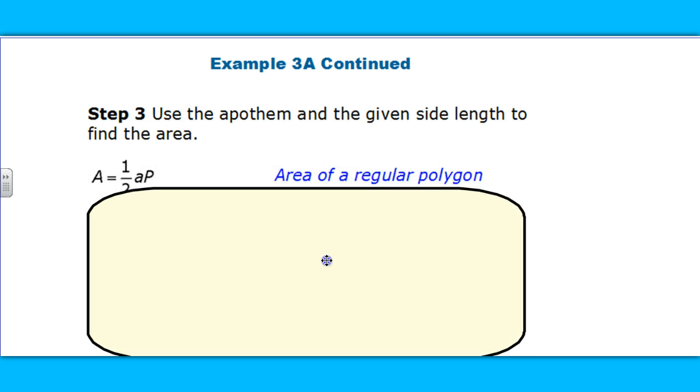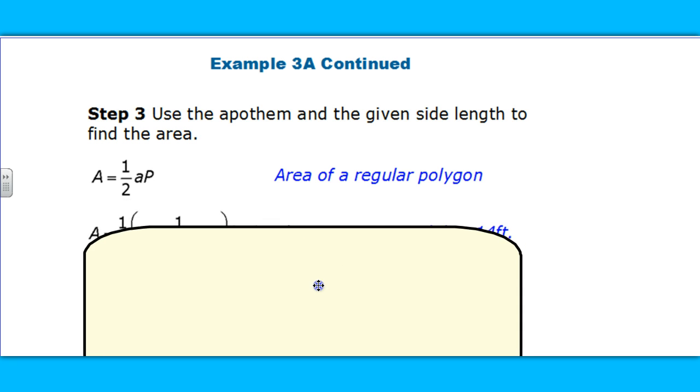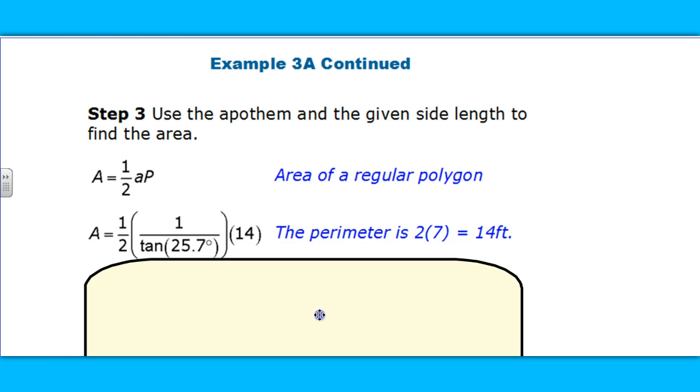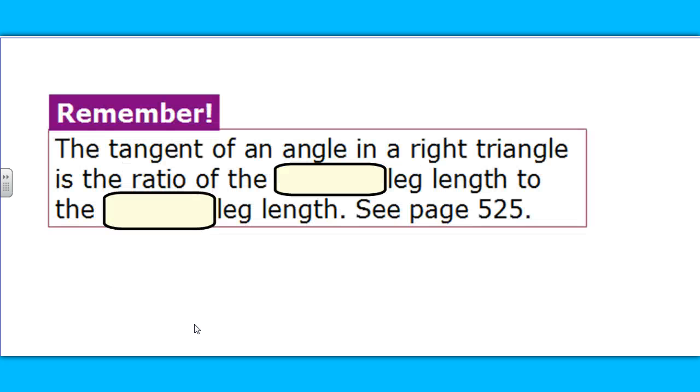And when we do, we can substitute the apothem and the perimeter into our area formula, right? And there we go. We have the apothem, and we know that there are 7 sides to this type of polygon, right? And each side has a length of 2. So we have a perimeter of 14, and we simply solve for the area, 14.5 feet squared.